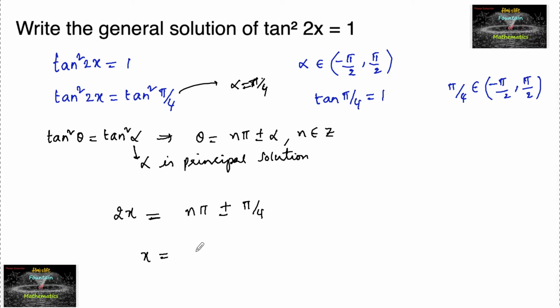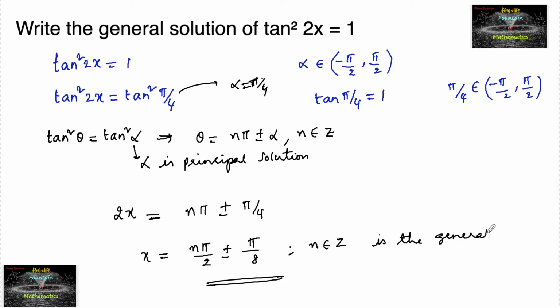So x is equal to n pi by 2 plus or minus pi by 8, where n is an integer. So n pi by 2 plus or minus pi by 8 is the general solution for tan square 2x is equal to 1.